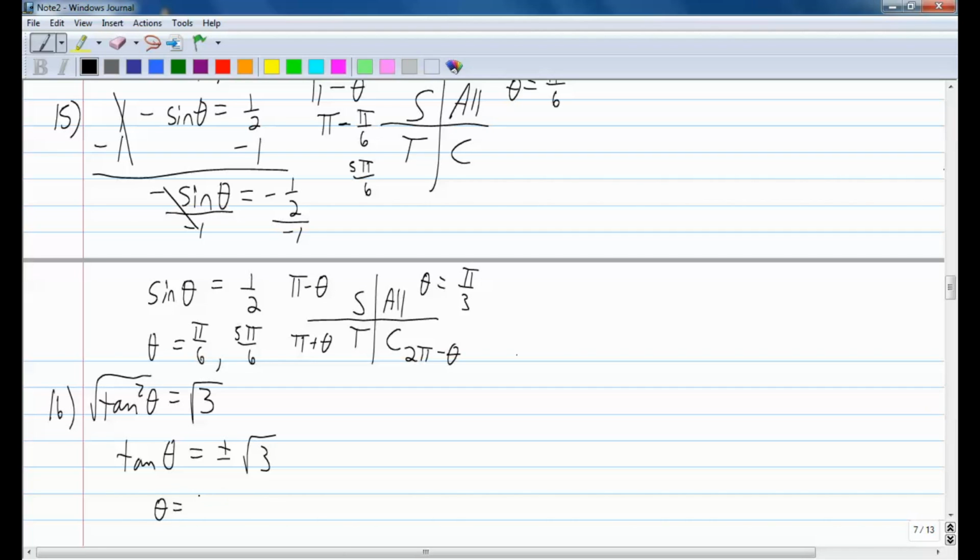I'm going to go ahead and write down my first answer, pi over 3. Pi minus pi over 3 is 2 pi over 3. Pi plus pi over 3 is 4 pi over 3. And 2 pi minus pi over 3 is 5 pi over 3. So those are the four answers for number 16.